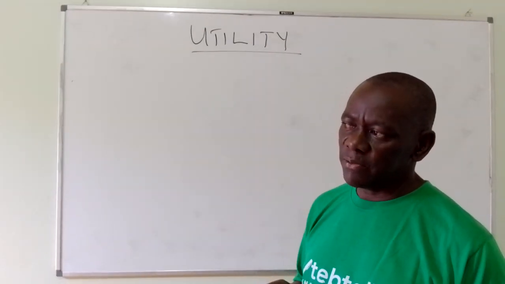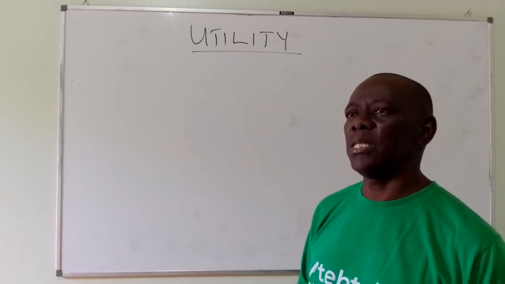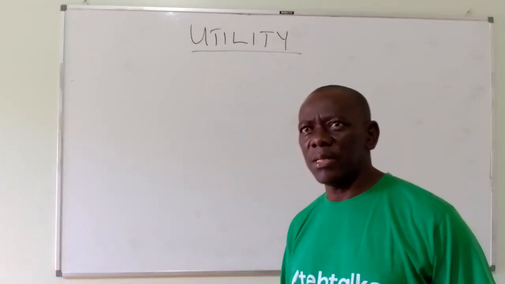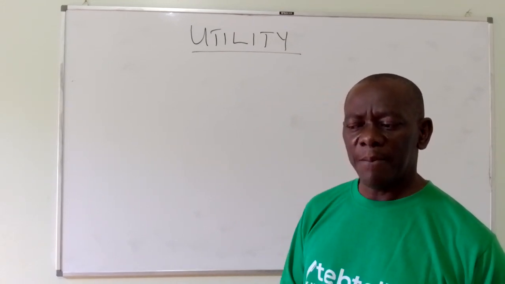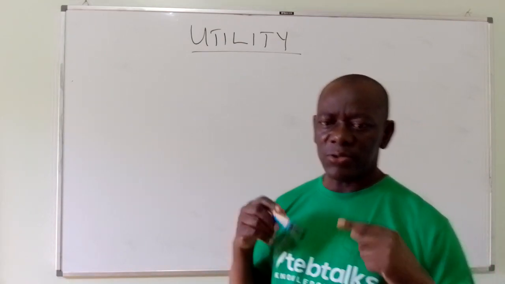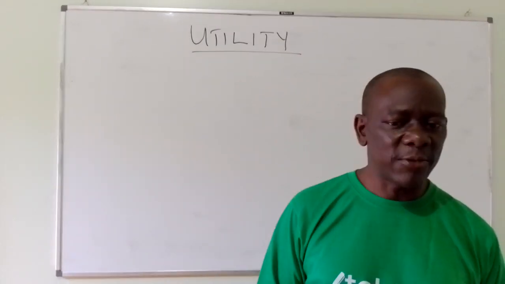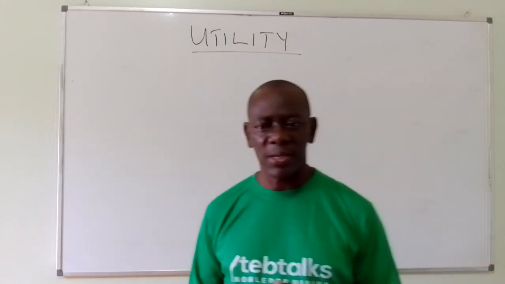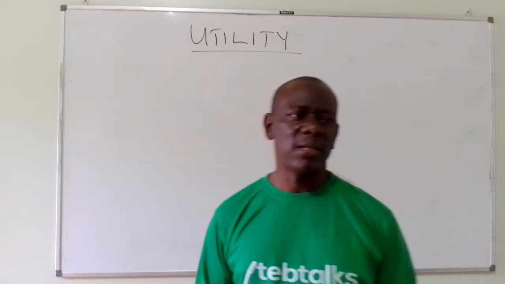And this utility is very important because, as we said, we are looking at the consumer's behavior. How does the consumer behave? He behaves according to two things: the satisfaction he's going to get from the product as well as the price. He looks at the price, measures it against the satisfaction, and says, let me buy.